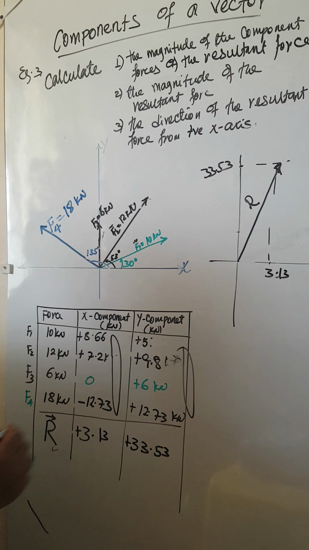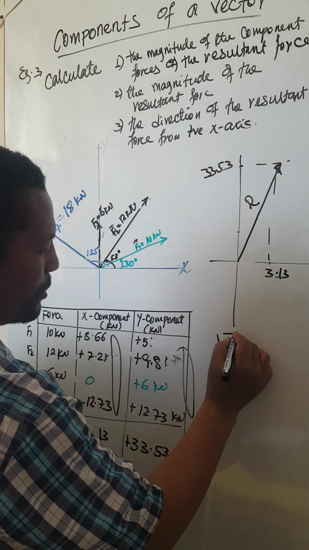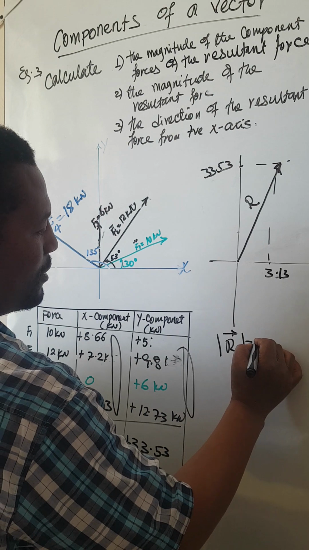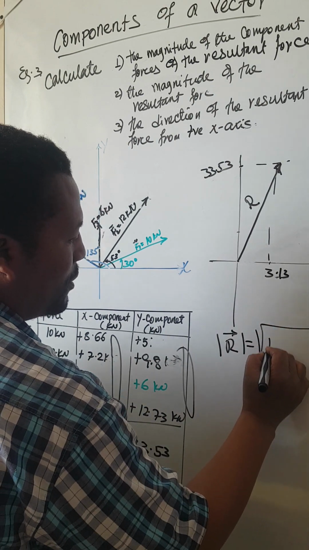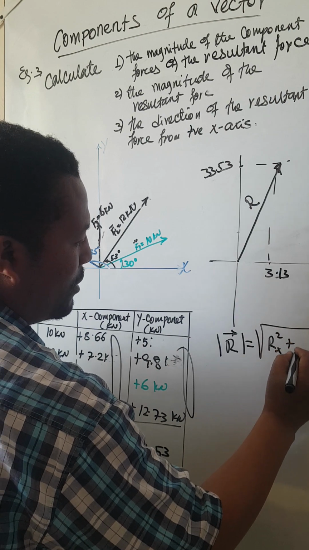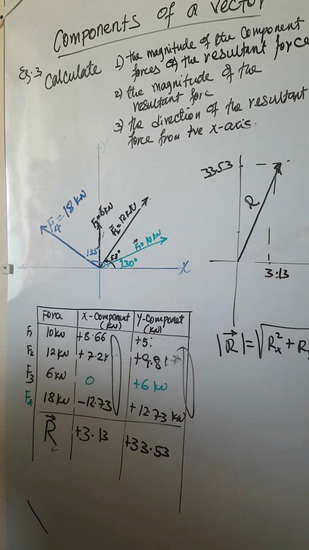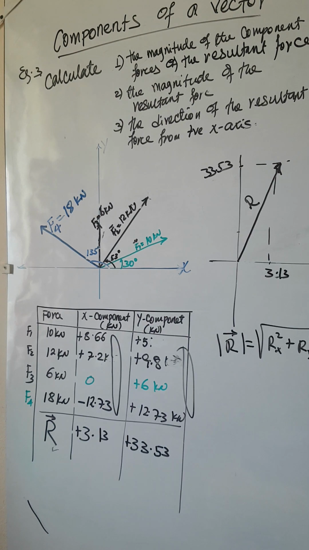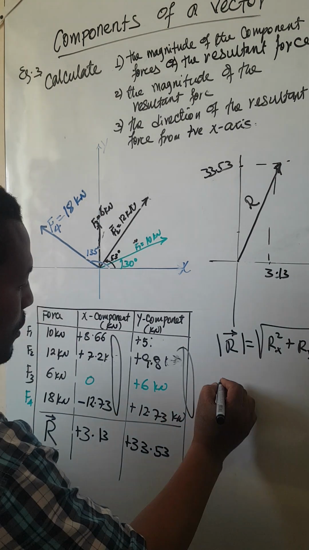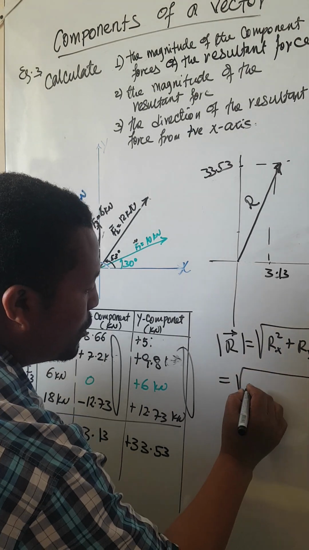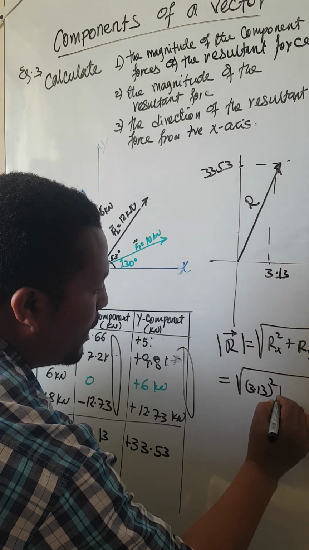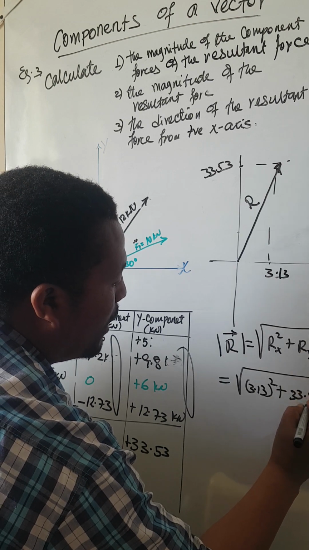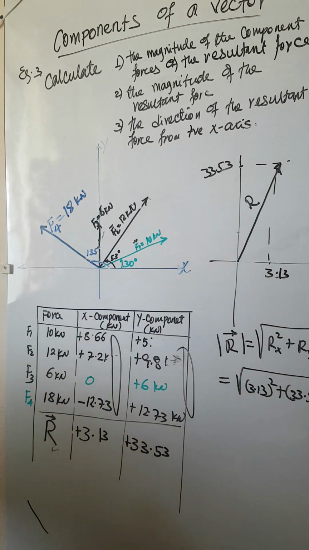So the magnitude of the resultant, the magnitude of R, is equal to the square root of the magnitude of Rx squared plus the magnitude of Ry squared. This is equal to the square root of 3.13 squared plus 33.53 squared.